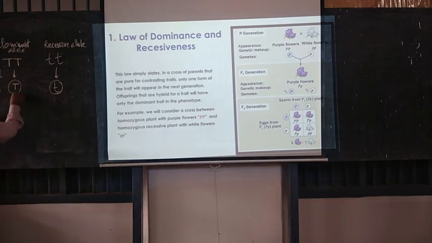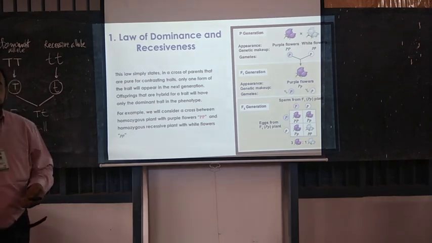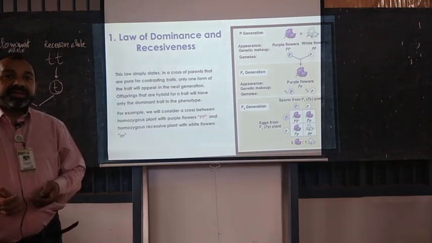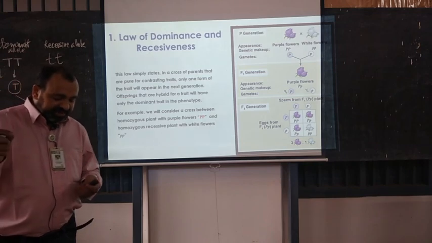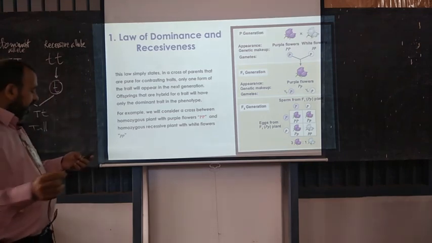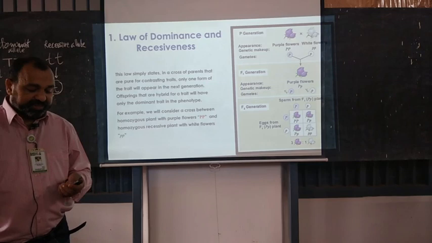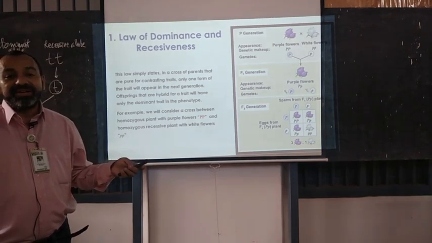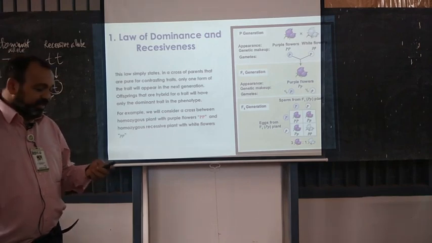And while making the next generation, it will produce the F1 generation, the first filial generation, and the gametes will be joined. So all the progeny produced in the F1 generation are tall. So here the law states that the dominant allele is expressed and the recessive allele remains dormant or unexpressed.